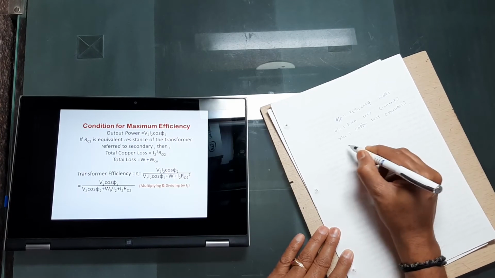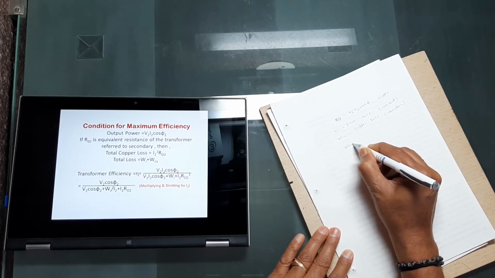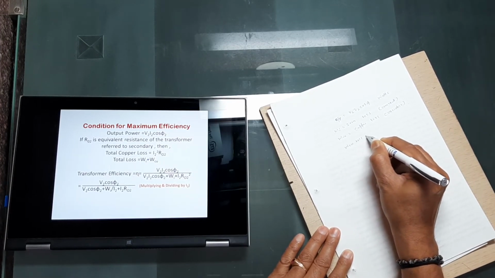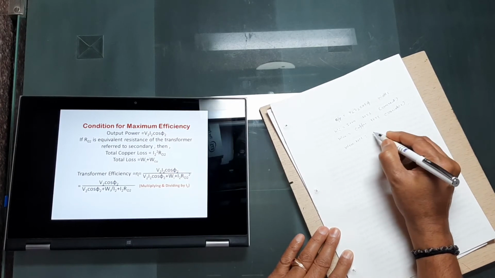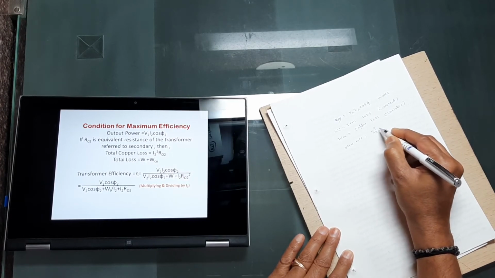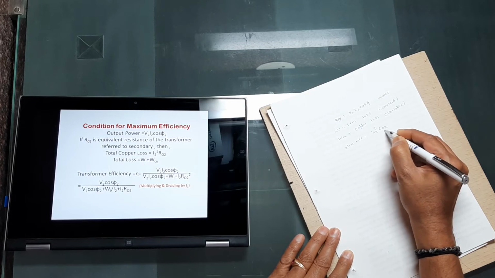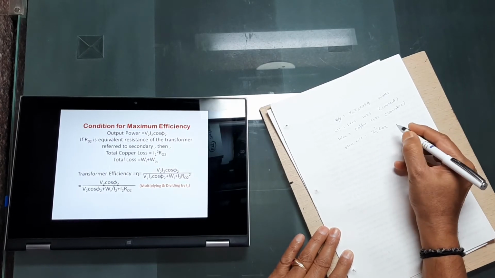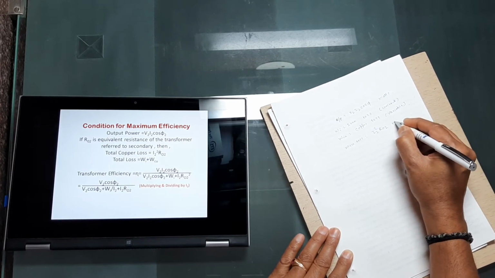The copper loss is I2 square RO2, where RO2 is the total resistance of the transformer referred to the secondary side, in watts.